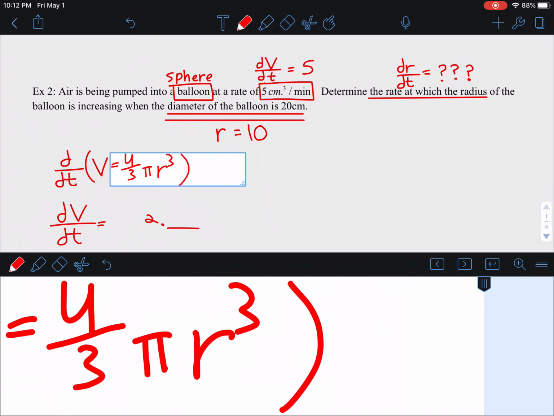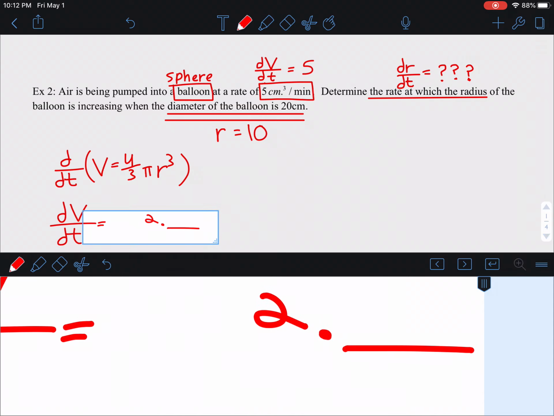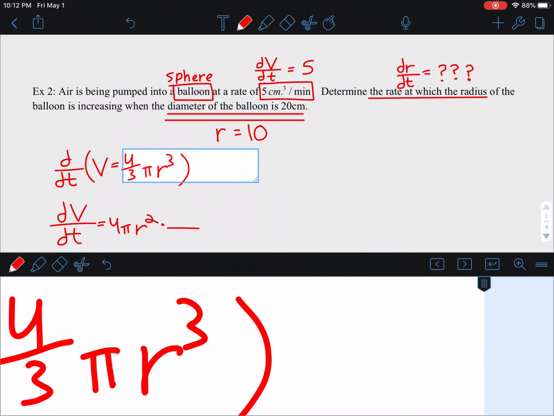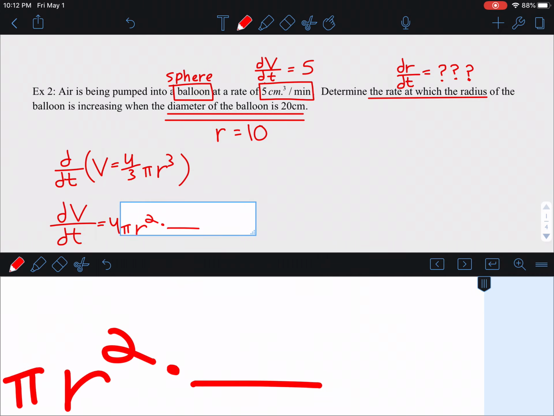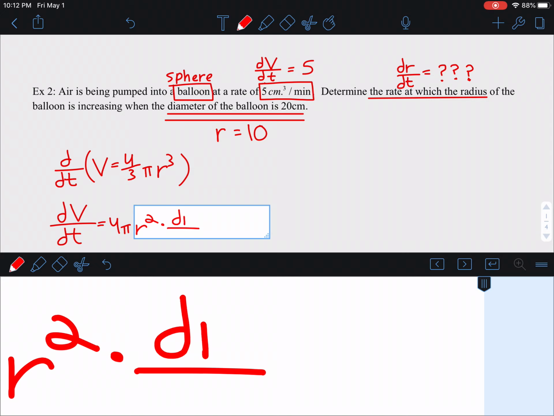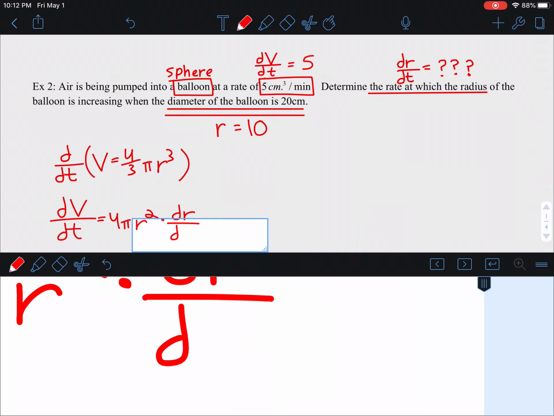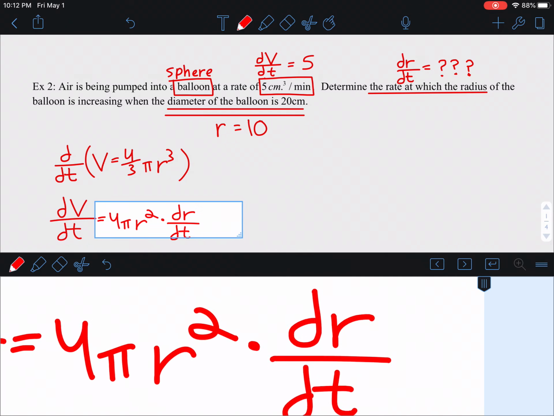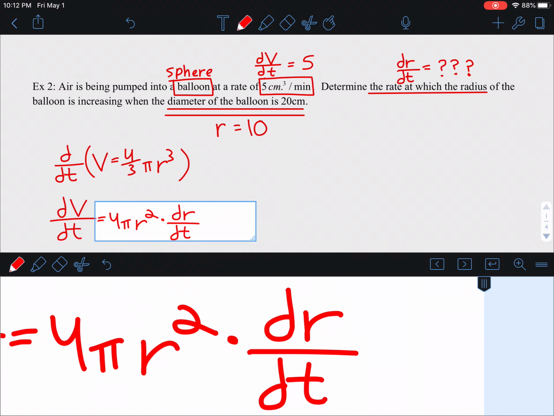Okay, and on the right hand side, I would use the power rule. The 3 would come down, and so I would get 4 pi r squared. R is not t, so therefore chain rule, I have to multiply by my rate of change term, dr/dt. So what I just did here was like those questions back when we were doing implicit differentiation in section 3.7.